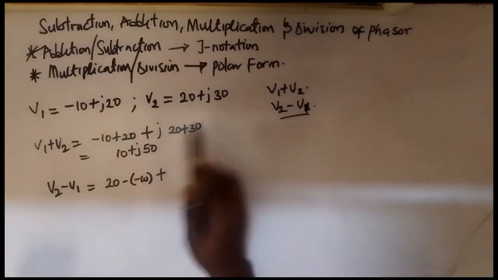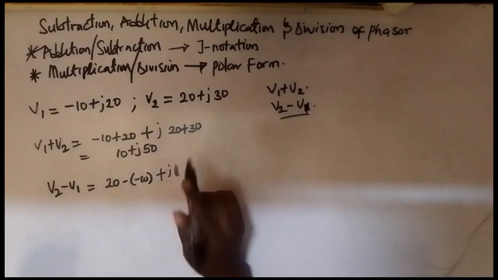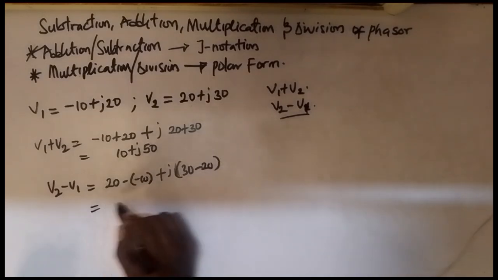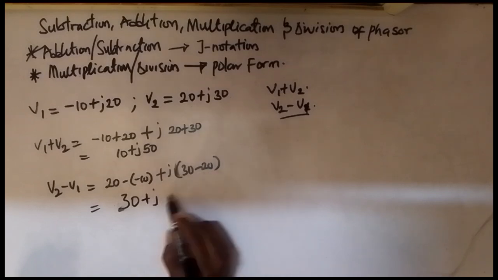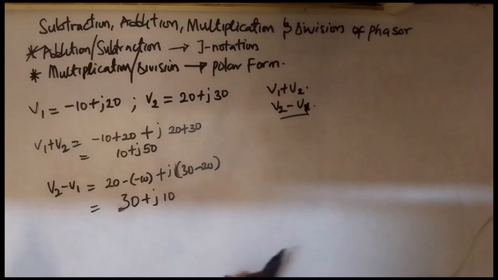We have j30 minus j20. So we are left with 30 plus j10. And that is simply how you perform the addition and subtraction of complex numbers.